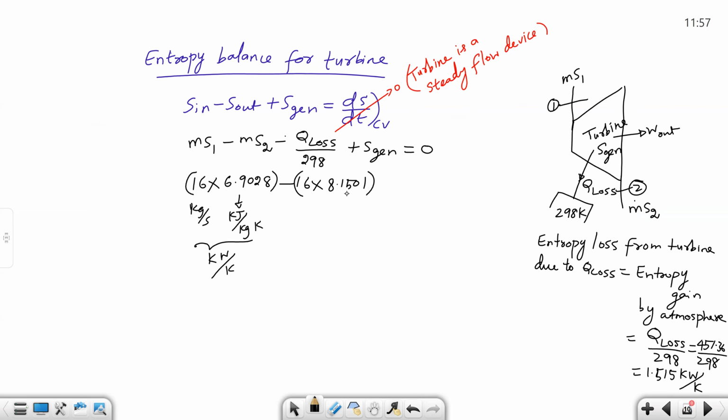So this also will be in kilowatt per Kelvin. Then minus the heat loss by 298, 1.515 kilowatt per Kelvin, gives the entropy generation. So now you get entropy generation.